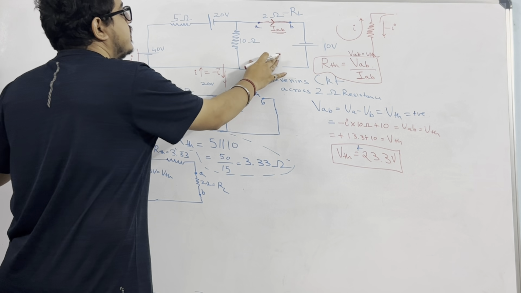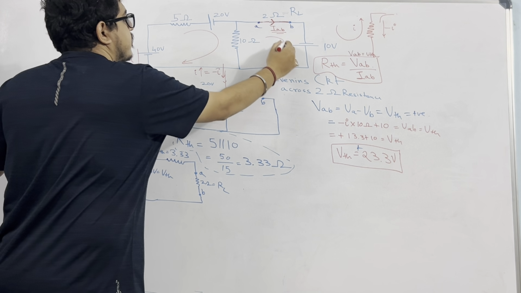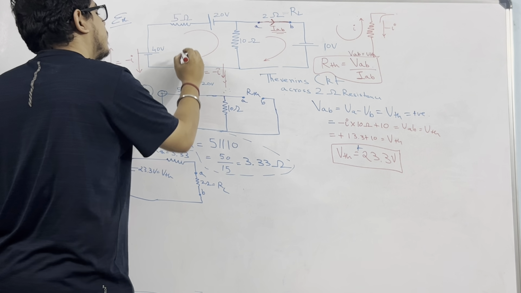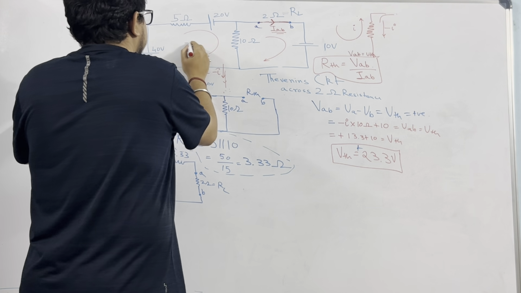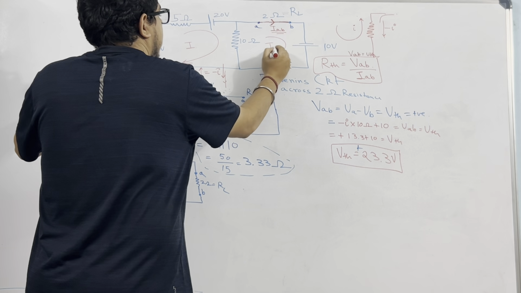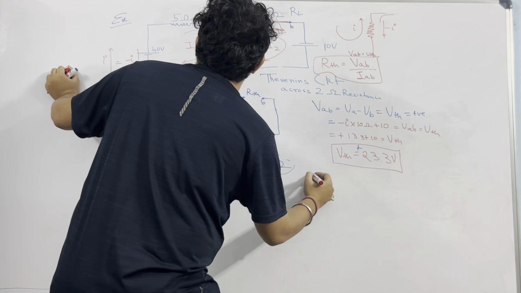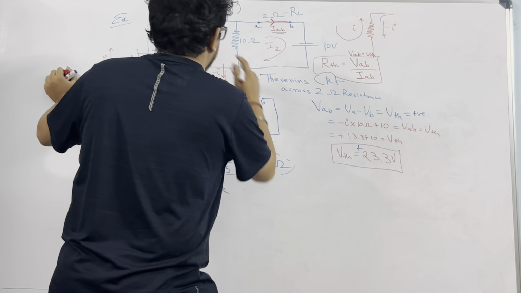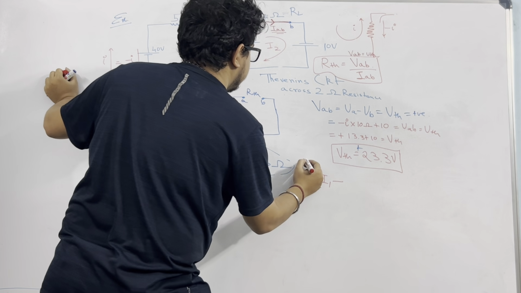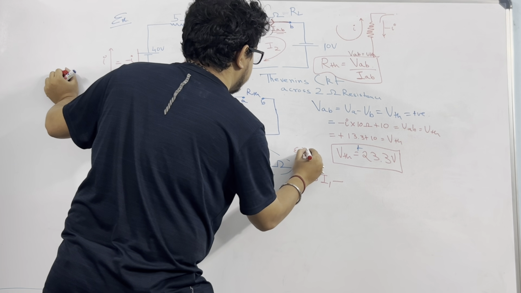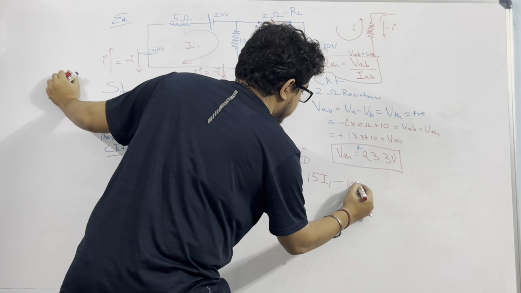So this is the circuit, okay. There will be two equations. Equation number 1. This is I, this is I2, this is I1. So two equations, the first one will be 15I1 minus 10I2.